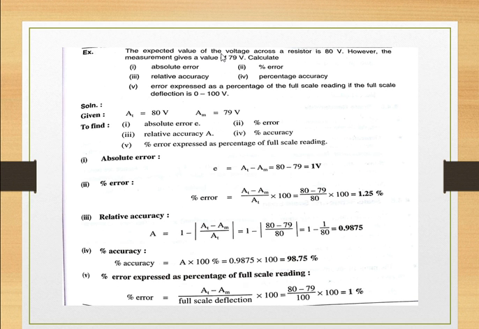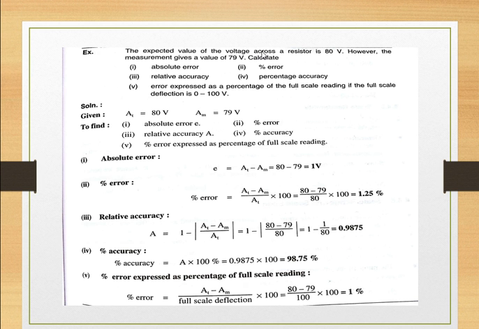The expected value of the voltage across a resistor is 80 volt. However, the measurement gives a value of 79 volt. Calculate absolute error, percent error, relative accuracy, percentage accuracy, and the error expressed as a percentage of the full scale reading if the full scale deflection is 0 to 100 volt. Okay, so let's see that.